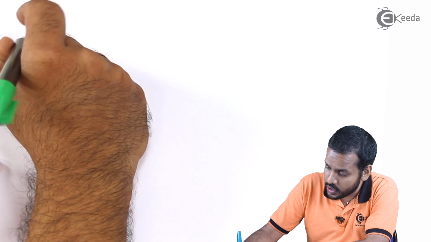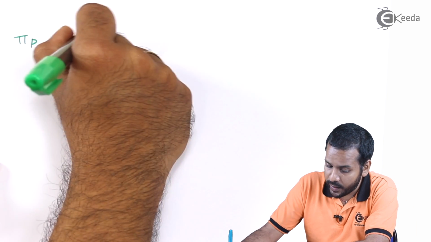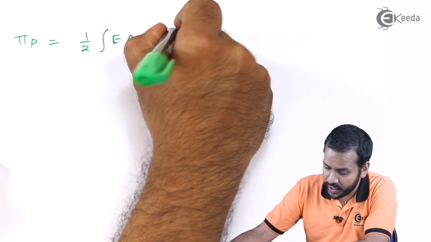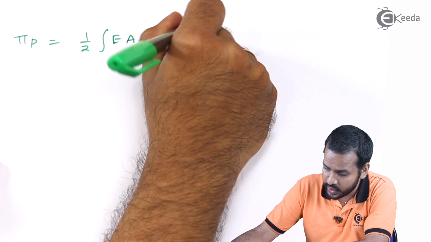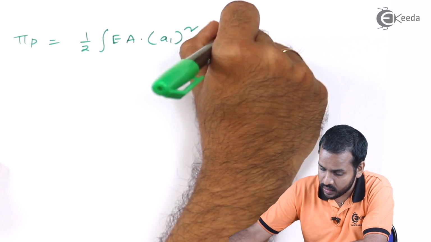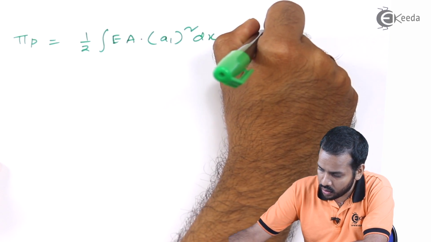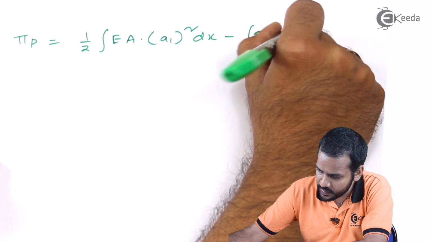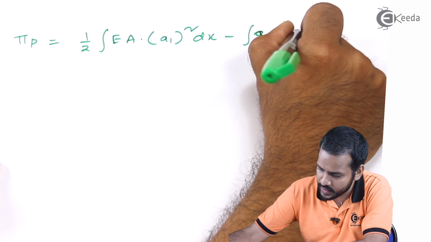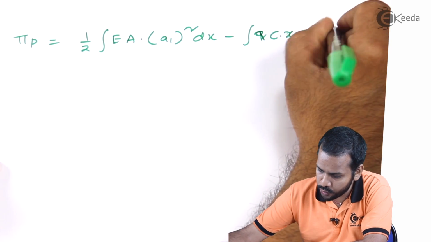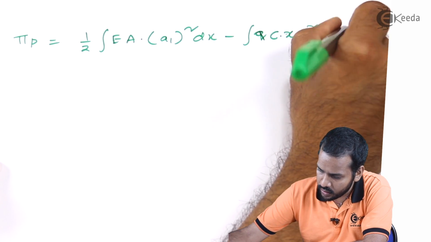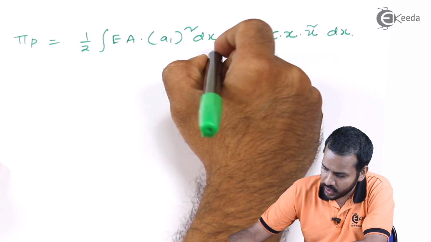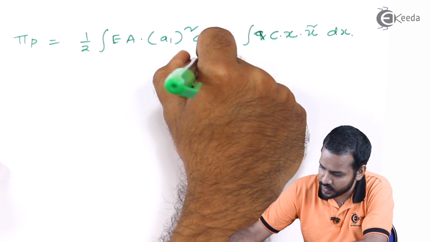So upon substituting, pi p is given as half integral EA, du tilde by dx is nothing but a1, that is a1 square dx, minus integral, what is your q? Your q is nothing but c times x into u tilde dx. If you remember, this is cx, I have written in the first time itself.